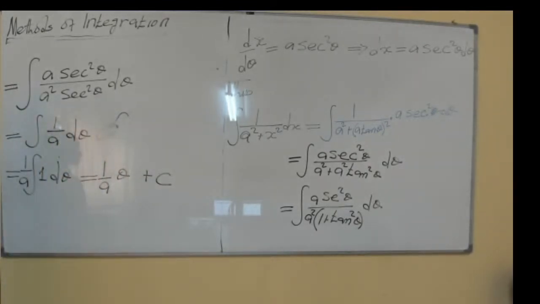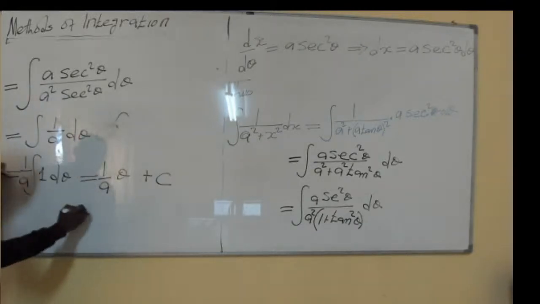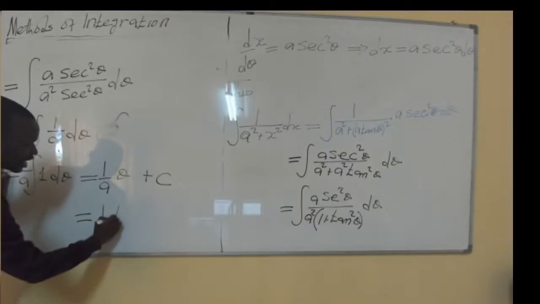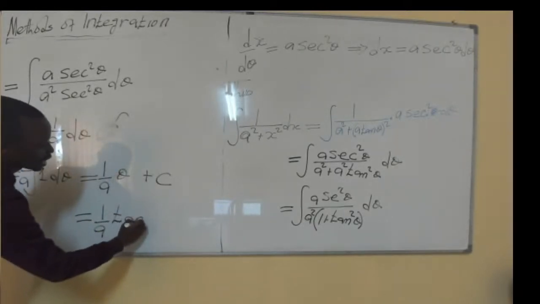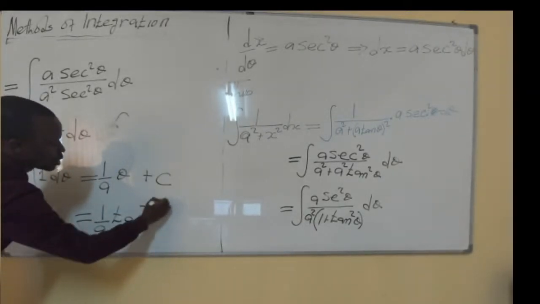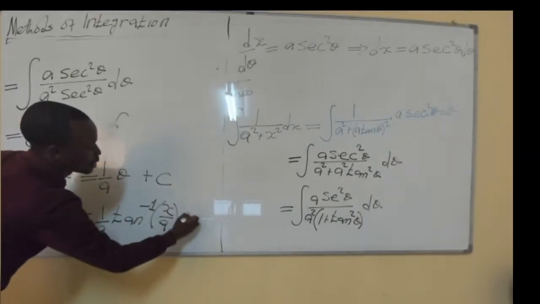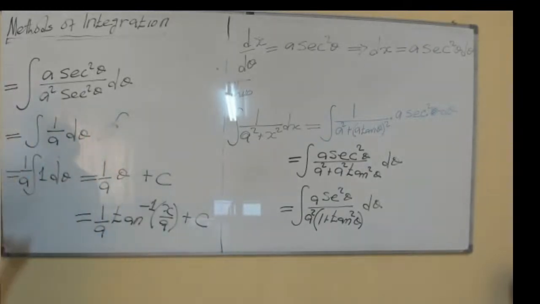But then theta is equal to what? So it is 1 over a times the tan inverse of x over a plus c, because theta is the tan inverse of x over a.